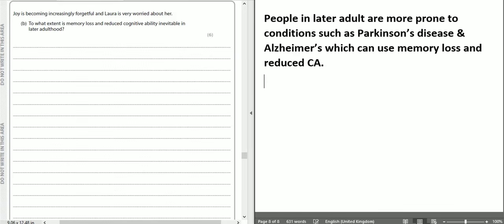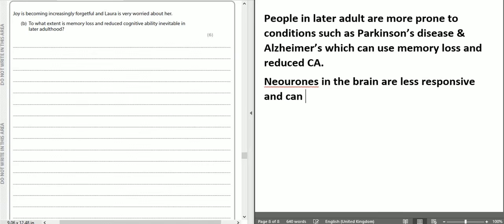We could combine this with motor neurons or neurons in the brain are less responsive and can cause delayed reactions and memory loss.